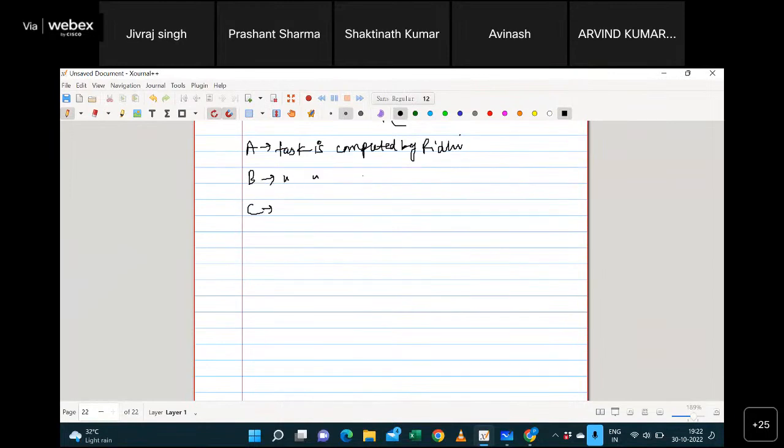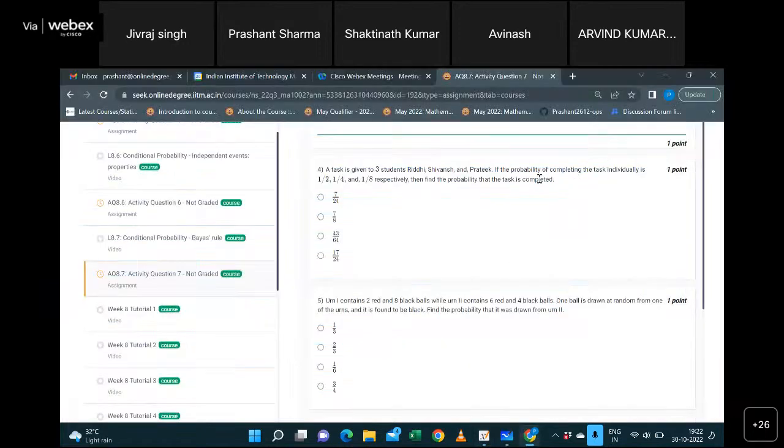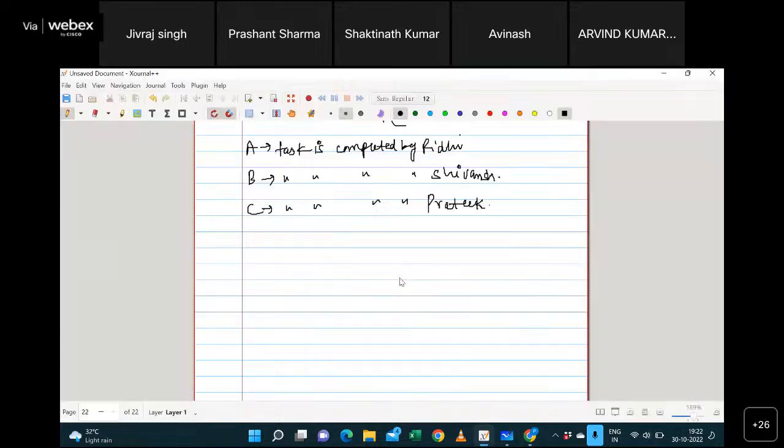Event B is the task is completed by Shivans. And event C is the task is completed by Pratik. Correct. These three candidates are there. So the question is, find the probability that the task is completed. So when will the task be completed? When any one of these three has done the task.